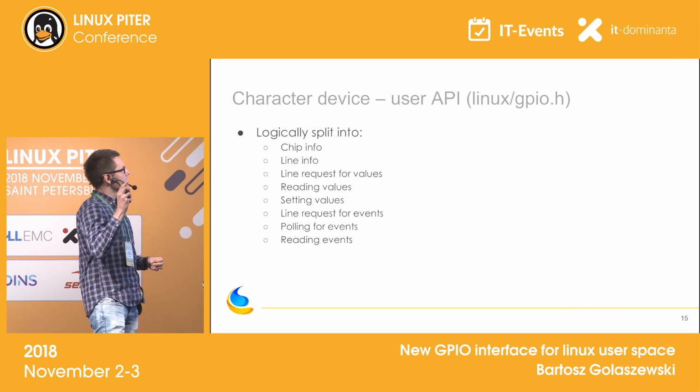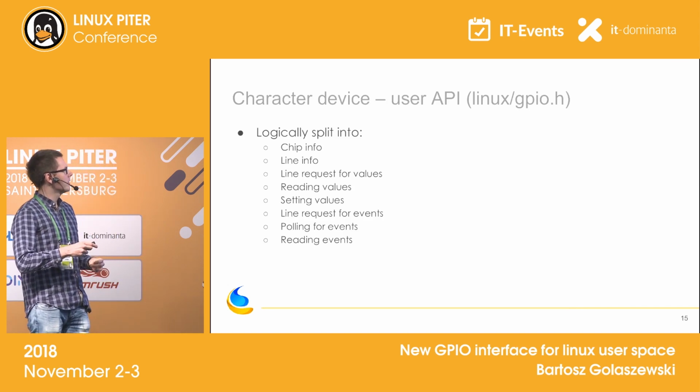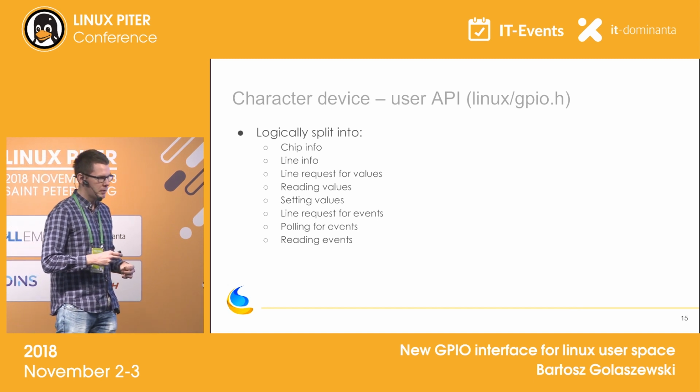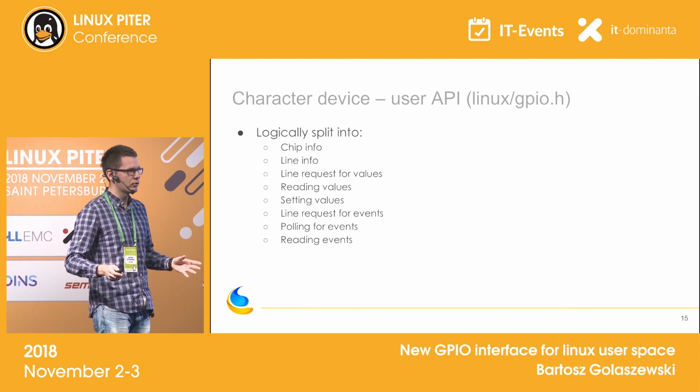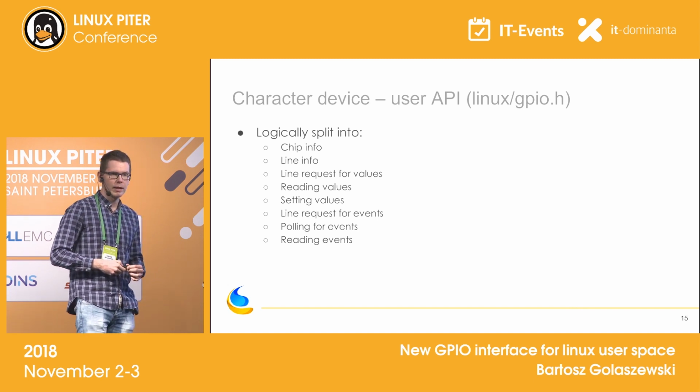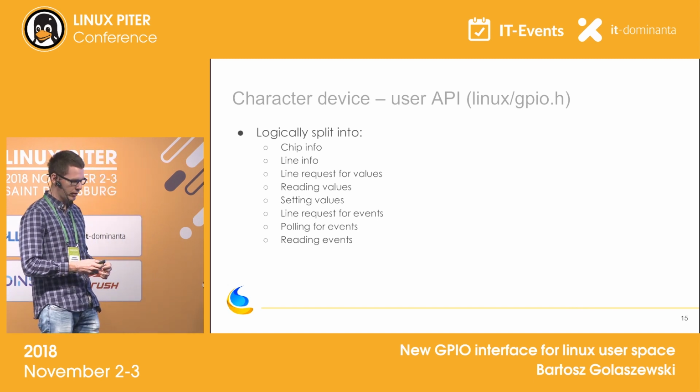So the user API lives in linux/gpio.h. This is the file that defines all the data structures and IO control numbers that deal with the GPIO character device.